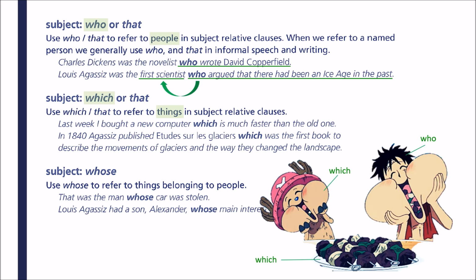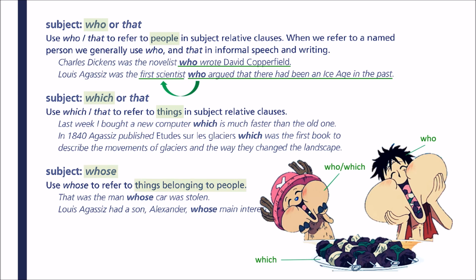In this case, you may use who to refer to animals. Or in the case of our picture, Chopper is a character who has a clear identity, almost like a person. So we would use who for him as well. The pronouns we use for animals do change depending on the context and the meaning that we want to make.